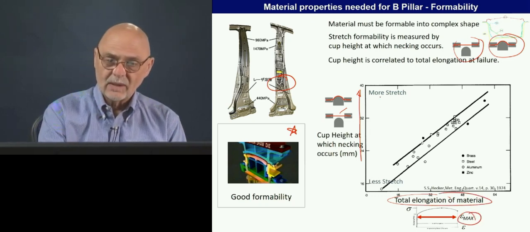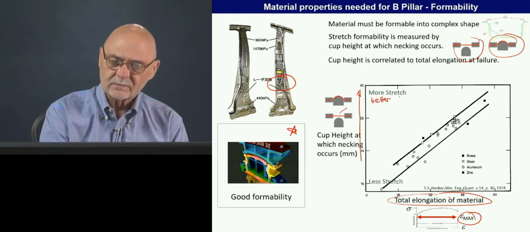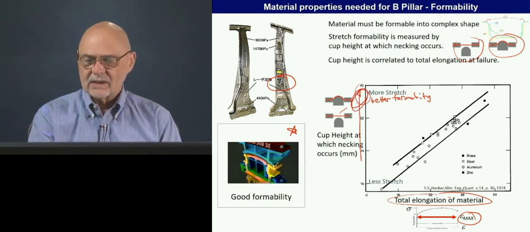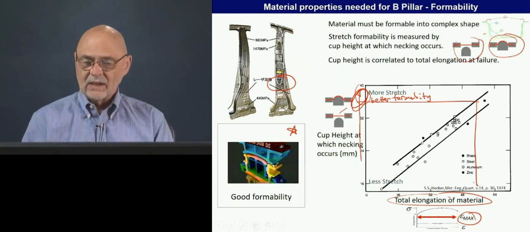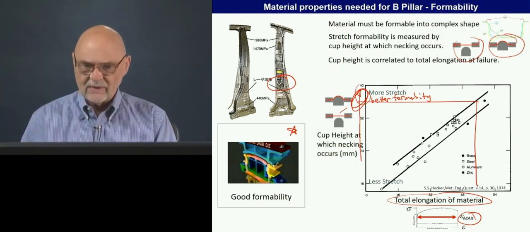Okay, so we go from more stretch, so this is better formability of the part. We want to be up here, and we can see here that we also need really good total elongation as a material property in order to achieve that.